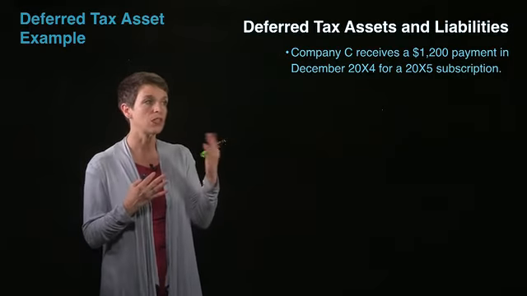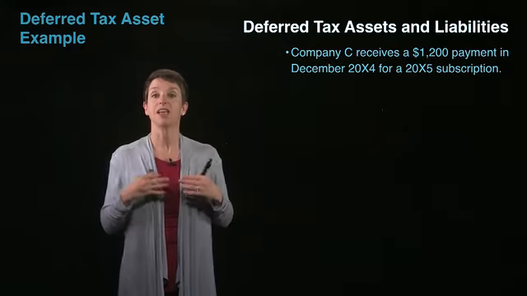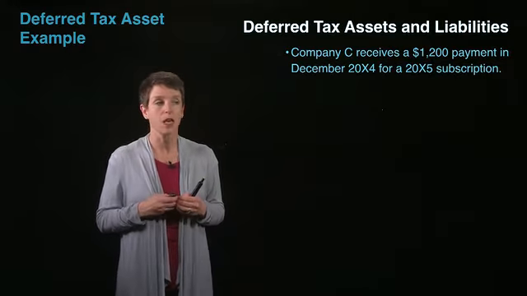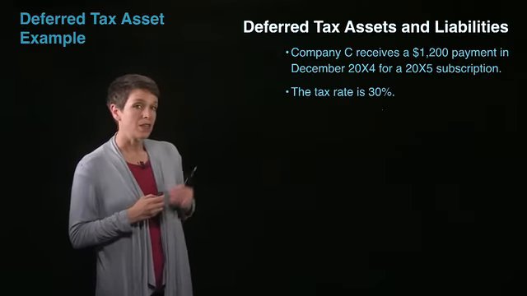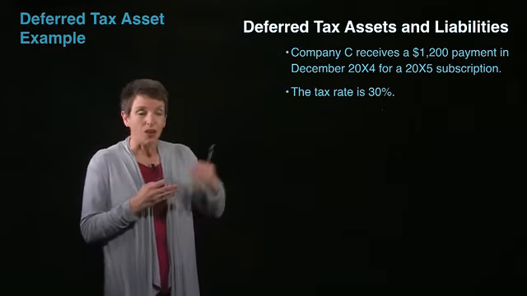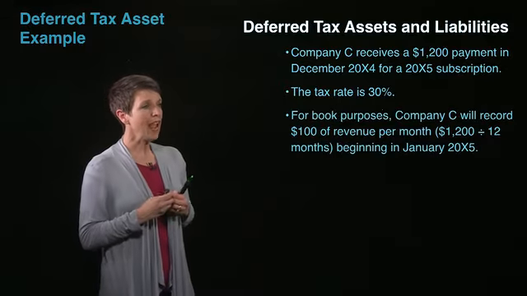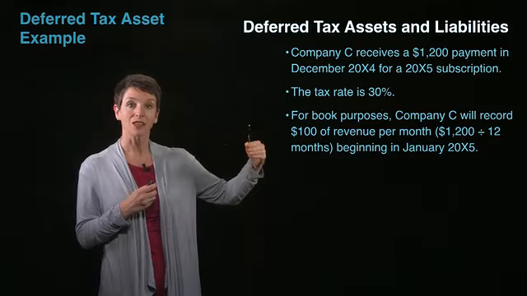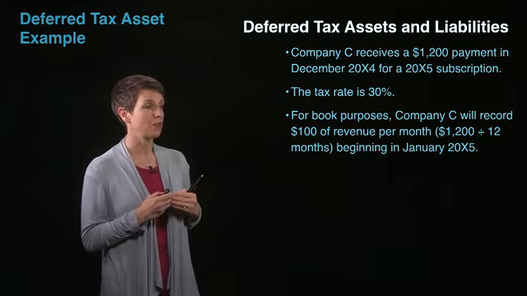So we'll record this receipt of cash as deferred revenue or a liability in our books and records. The tax rate in this year is 30% and in all future years. And for book purposes, as mentioned, we'll wait until the 20X5 year before we begin recognizing revenue.